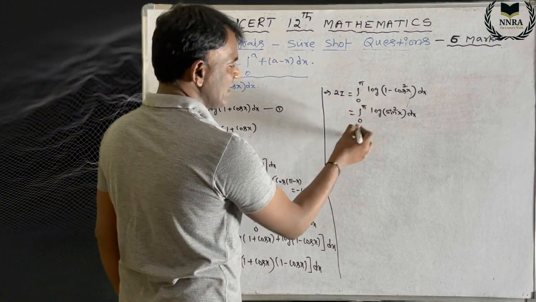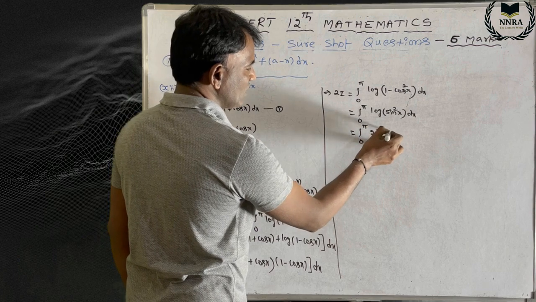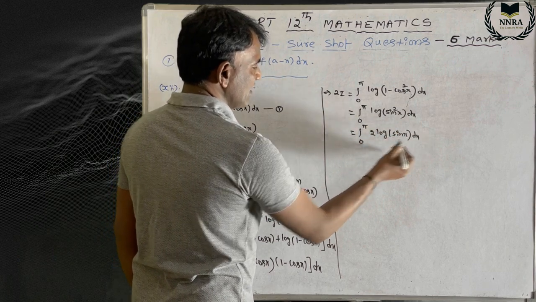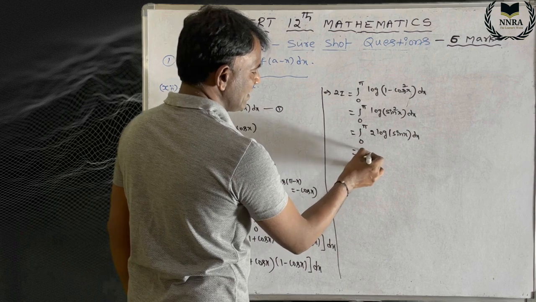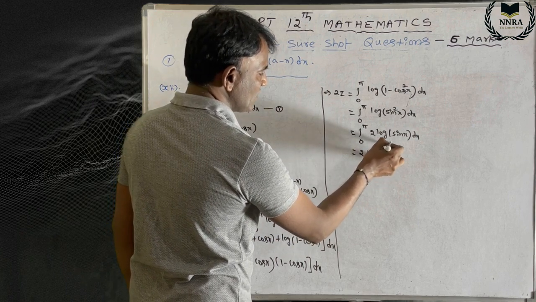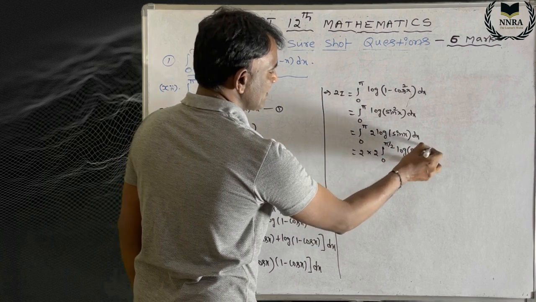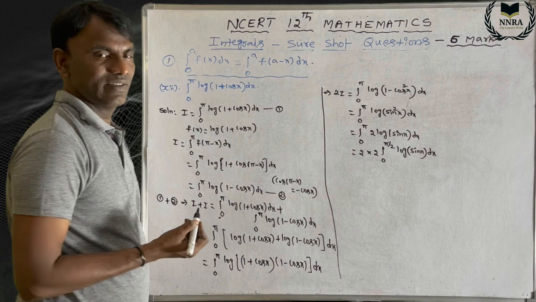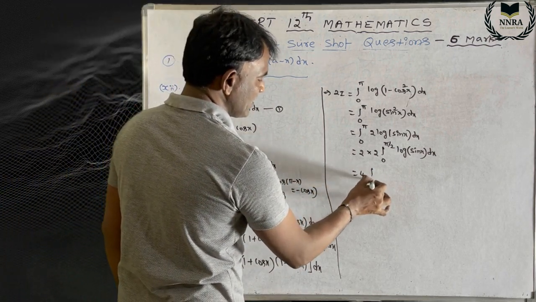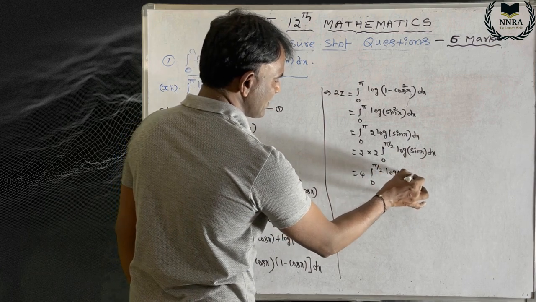And this can be written as integral 0 to pi 2 into log of sin x dx, right? Then 2 constant and integral 0 to pi. So that can be written as integral 0 to pi by 2 log of sin x into dx. Now 2 into 2 is 4 and integral 0 to pi by 2 log of sin x dx.